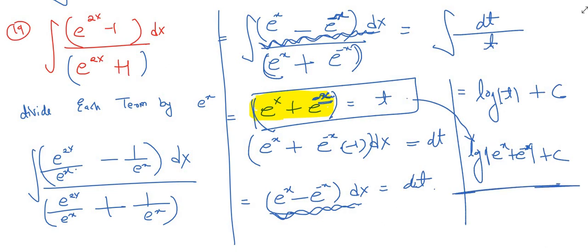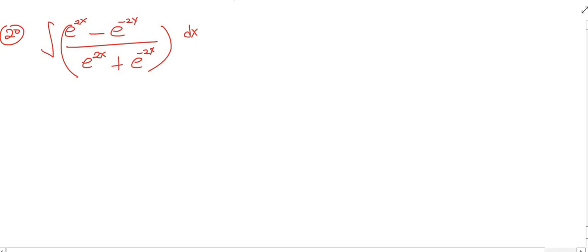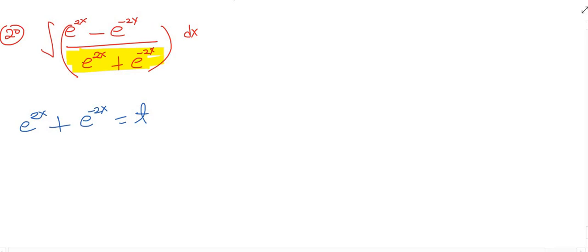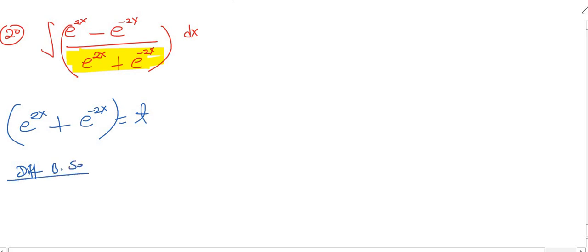Do it again. Look at this question, on seeing it something is apparent. It is similar to the previous question, right? You can observe it. There is no need to divide with anything. If I consider the denominator part as t, now differentiate both sides.